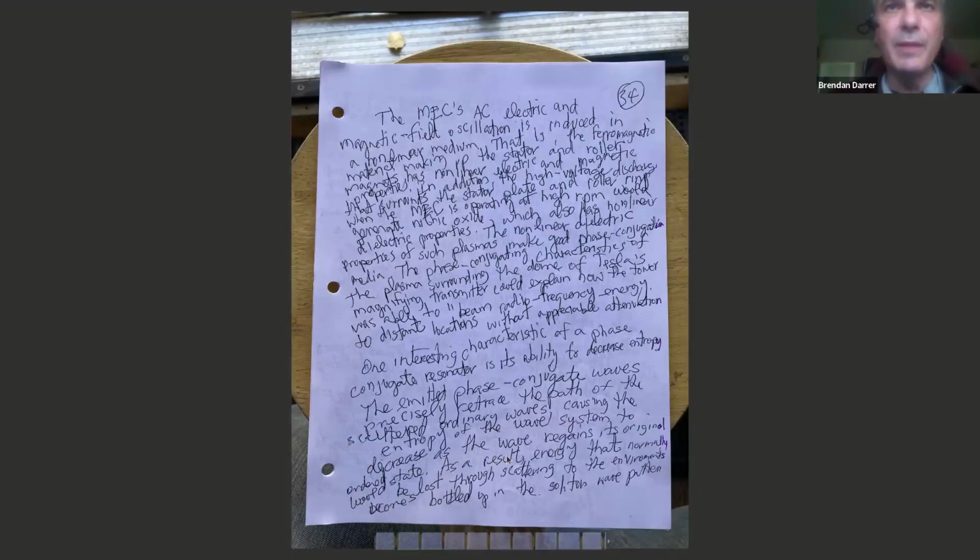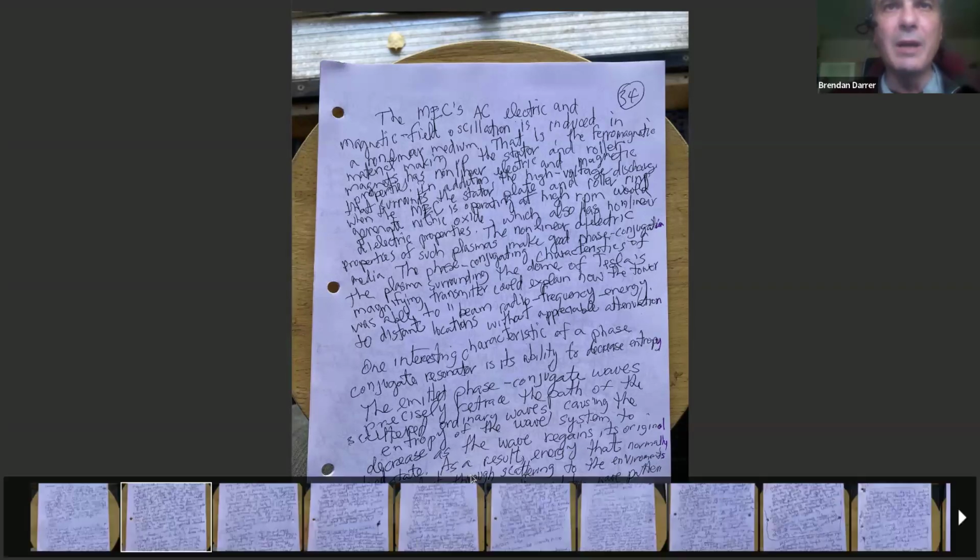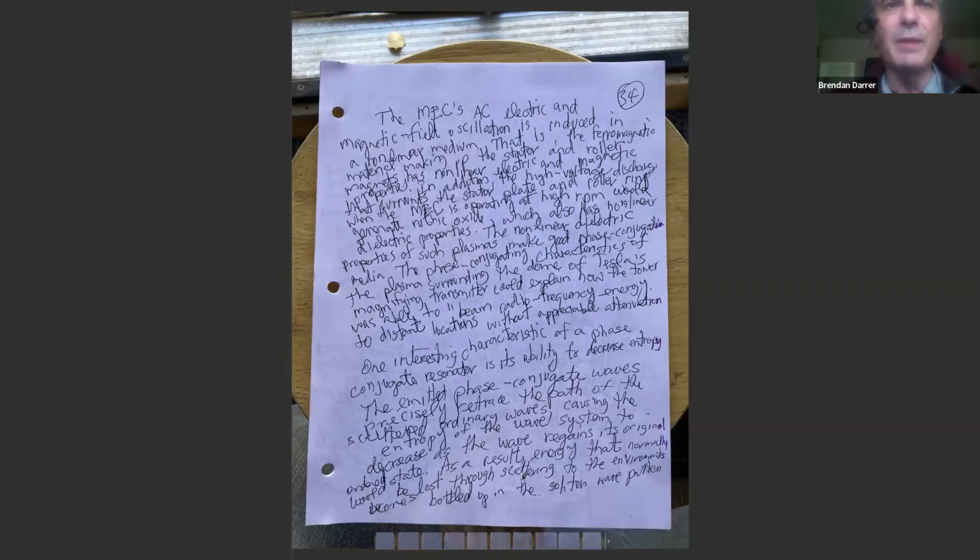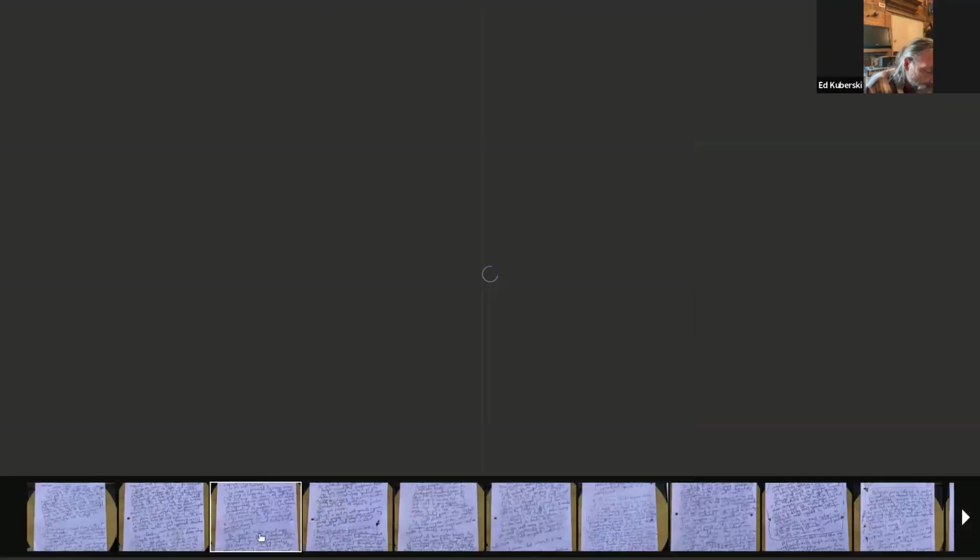As a result, energy that normally would be lost through scattering to the environment becomes bottled up in the soliton wave pattern. Very important right there.